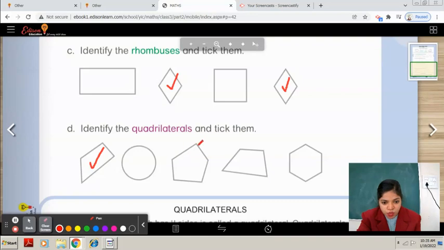Now see this, 1, 2, 3, 4, 5. This is a five-sided figure. And it is not a quadrilateral because a quadrilateral has four sides. 1, 2, 3, 4. So this is a quadrilateral. 1, 2, 3, 4, 5. So it is not a quadrilateral.